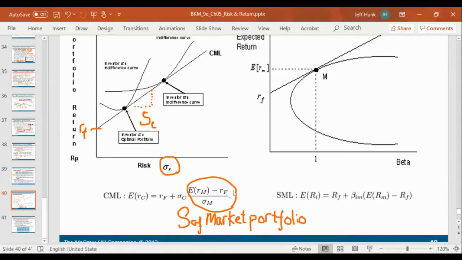This is a coincidence, but Sharpe ratio and slope are both represented by the symbol S.